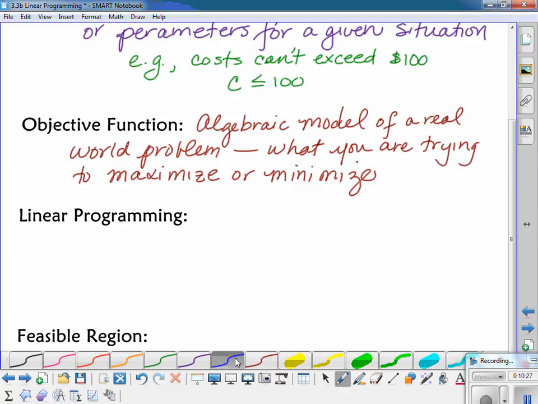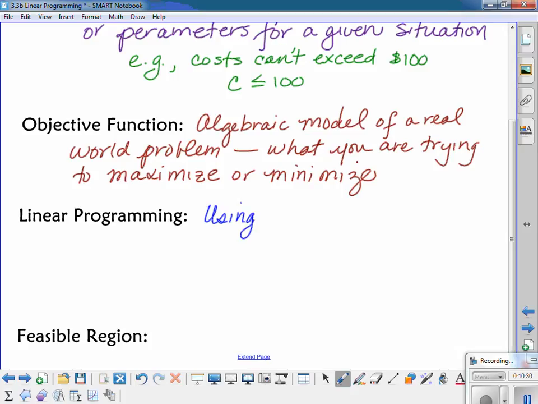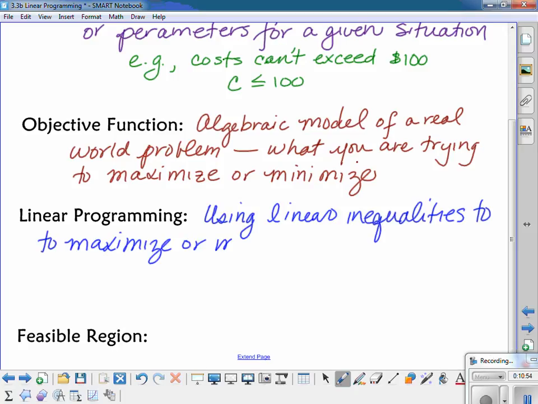I'll say that again. It's using linear inequalities to maximize or minimize the objective function within given constraints.